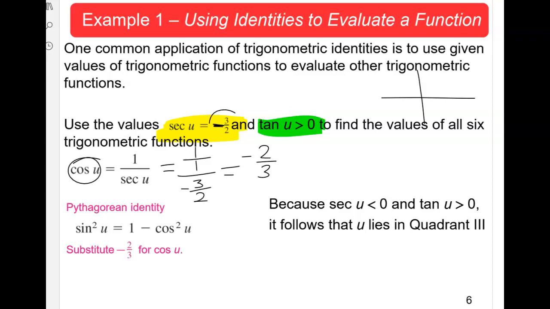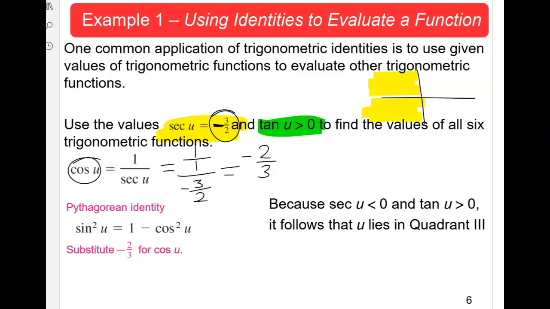Or you can simply take the reciprocal of the fraction by interchanging the numerator and denominator. So it's negative 2/3. So where is the cosine negative? The cosine is negative whenever the x is negative. So that will occur here and here.